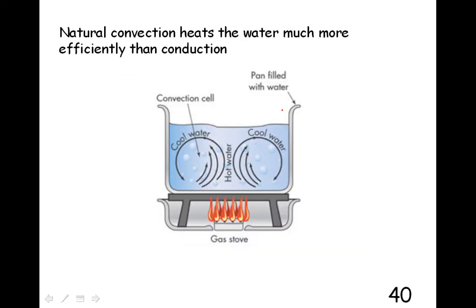Here we have an example of a natural convection mechanism where we put a pot of water on a stove, and the water is heated, and there are convection currents that form in the water where the hot water rises and the cold water sinks, and that's the most efficient way that the water is heated. If it was just by conduction, it would take a lot longer to heat the water in your pot.